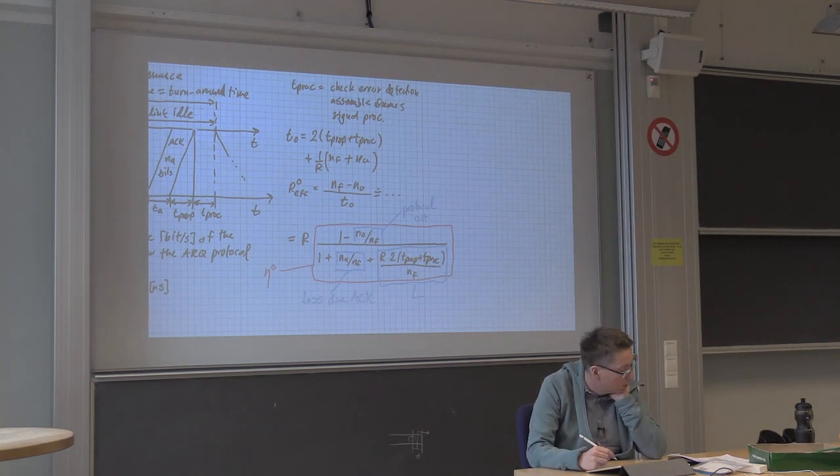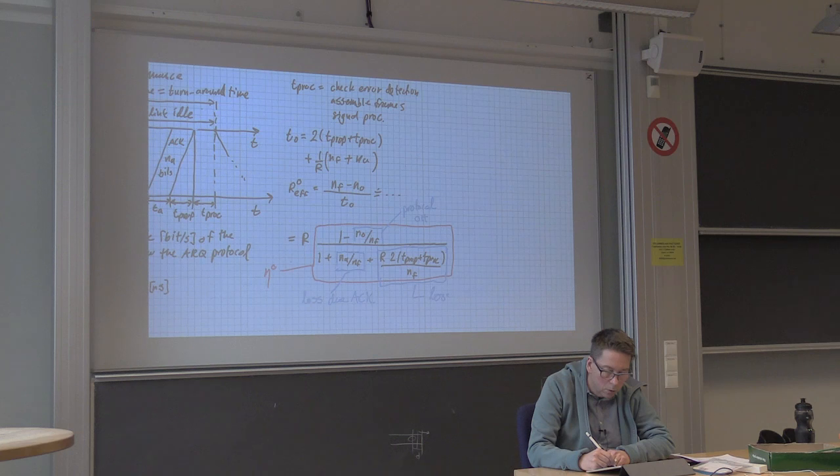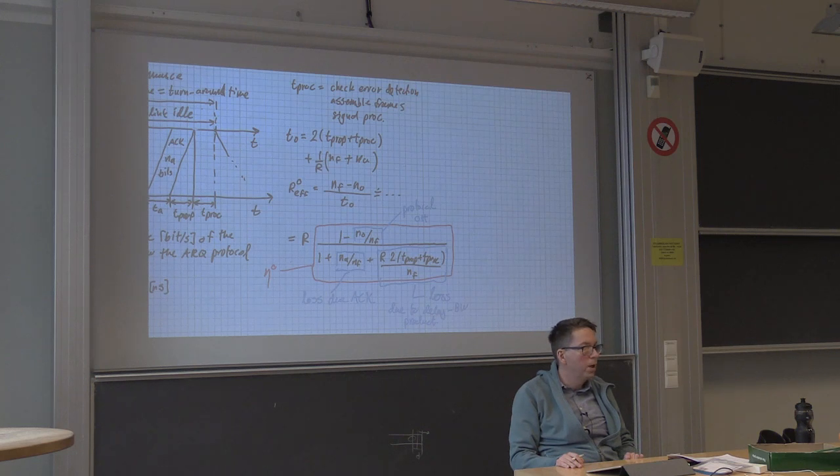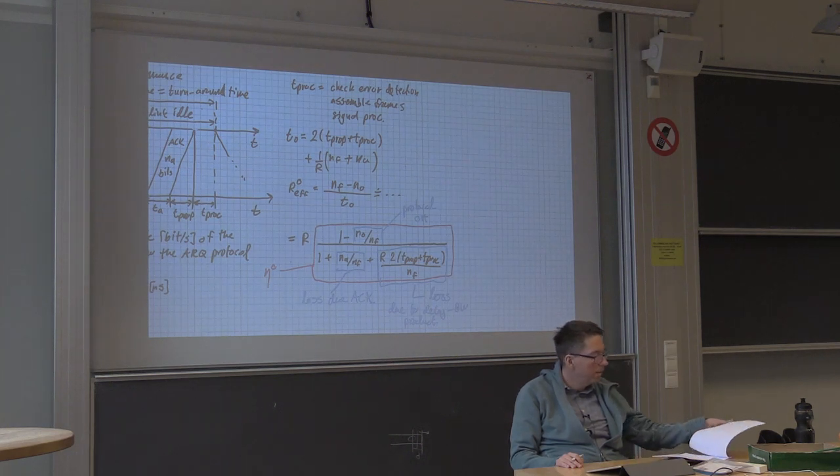So this is called, okay, so this is the loss due to delay bandwidth product. And we will see that these type of terms will show up in many different places. So any questions?